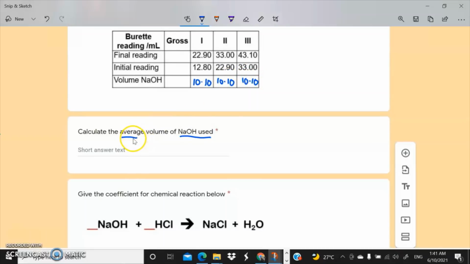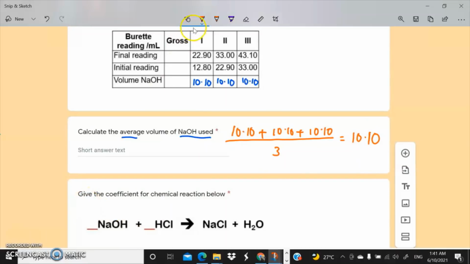Okay, so how to calculate the average? Your first reading of NaOH plus the second reading 10.10 plus the third titration reading, divided by 3. So after that you will get the answer. The average volume of NaOH used is 10.10.